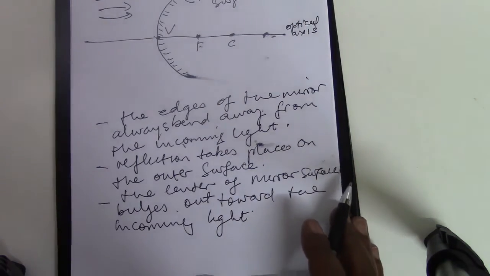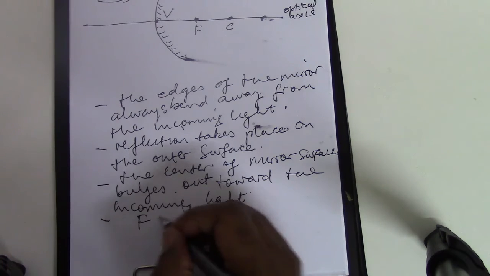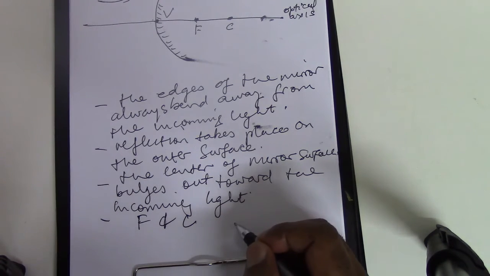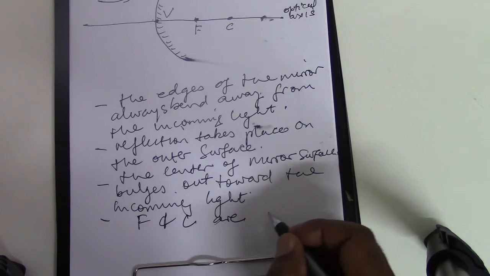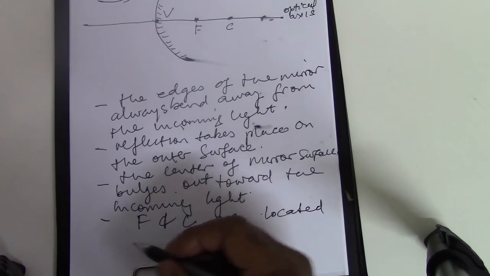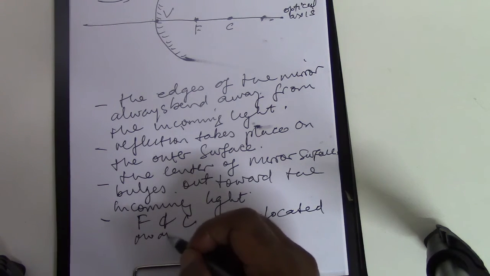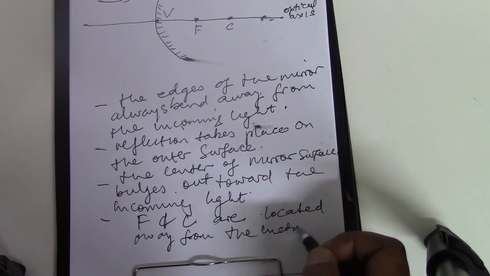At the same time, you can see also that F and C are located away from the incoming light.